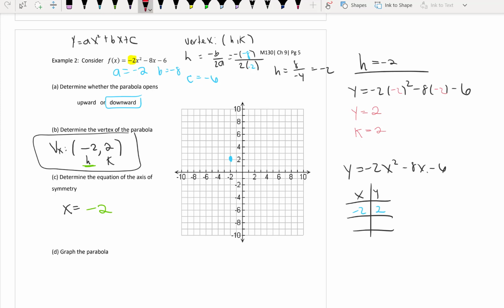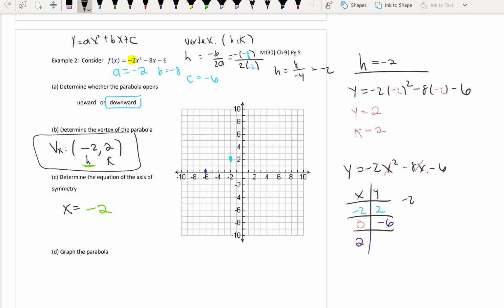If I plug in a 0 into this equation, I get back -6. So (0, -6) is here. So I'm going to see what happens at +2.